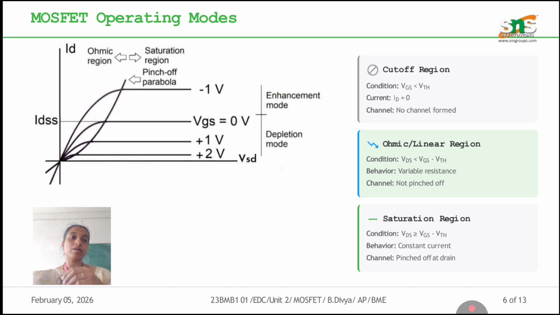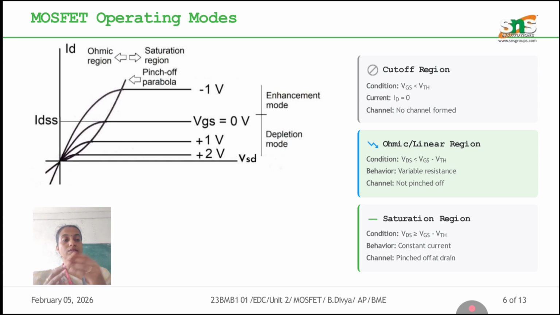In the ohmic or linear region, VDS, the drain source voltage, is less than VGS, a small supply is given, and a variable, small amount of resistance is found. No pinch off, as we don't have high current or voltage in that region.